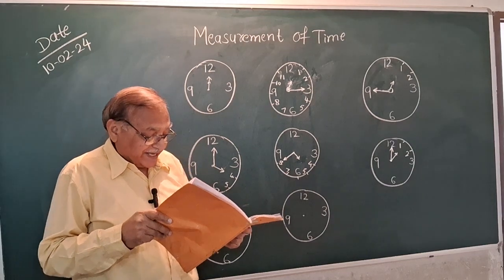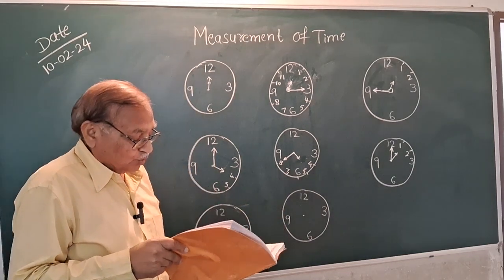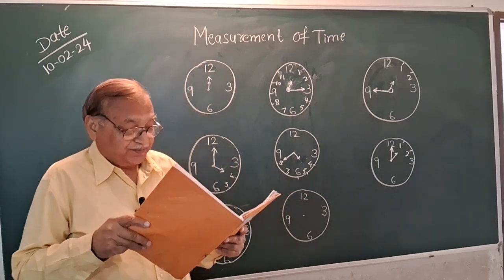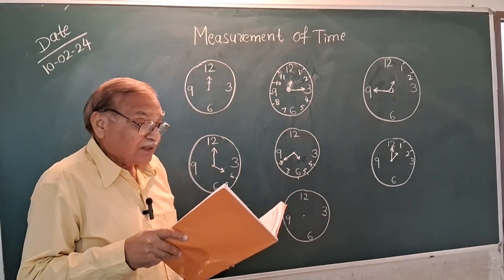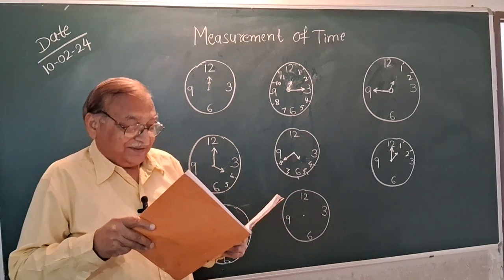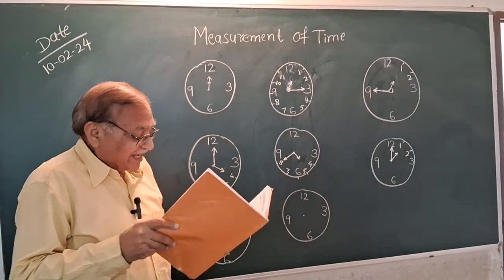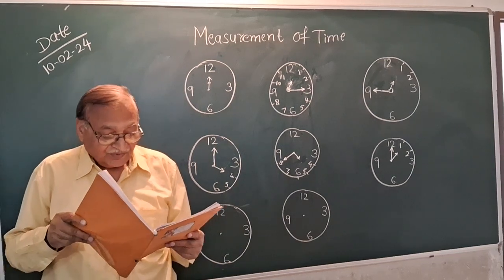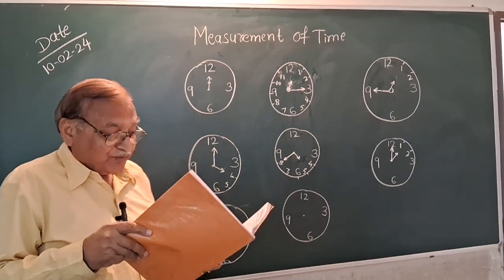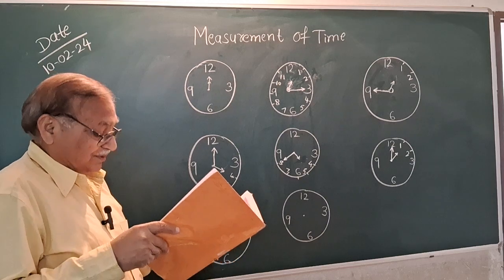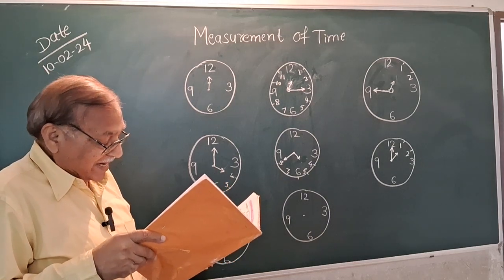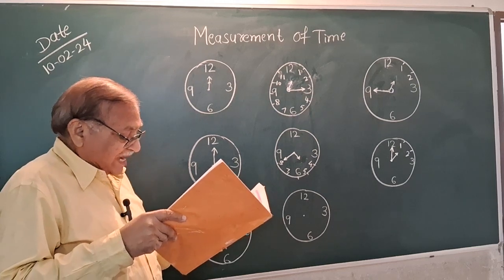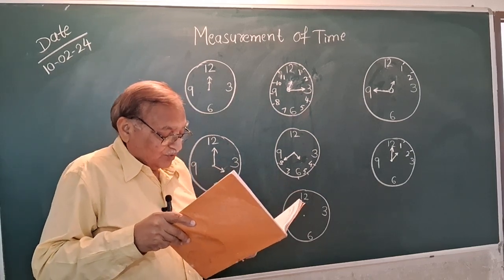The time it takes to do this is 60 minutes or 1 hour. In that time, the hour hand moves from 12 to 1, and at that moment, the time is 1 o'clock.